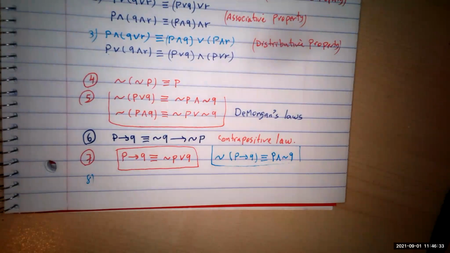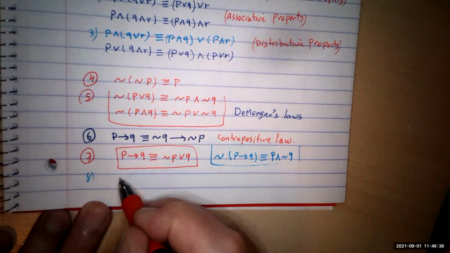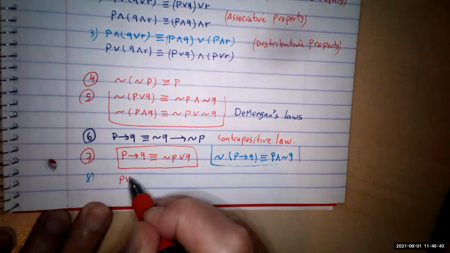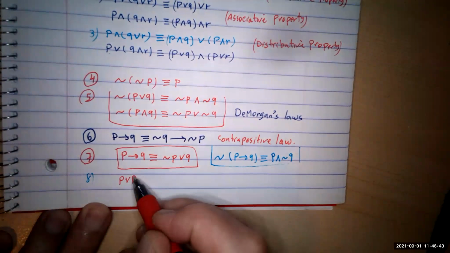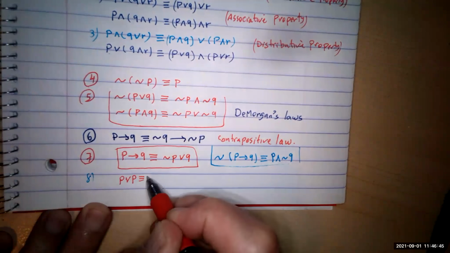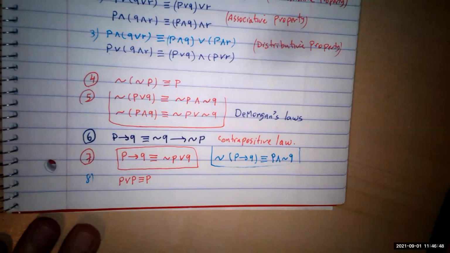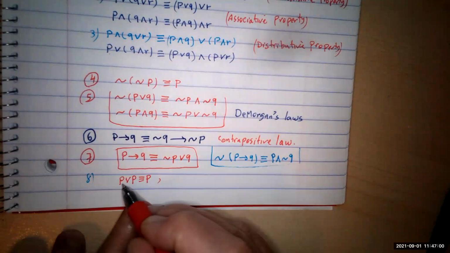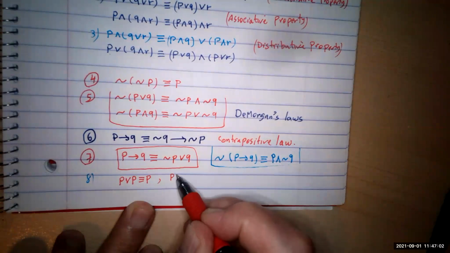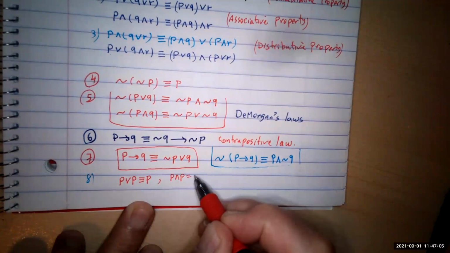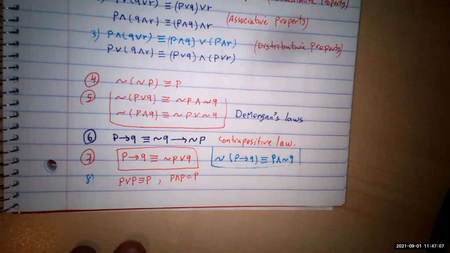But for the implication, we have something like this: p or p is the same as p. You don't have something like this in addition. But we are going to talk about set theory. If you change it to the dual, this is the one: p and p would be p. So this is like a p squared.